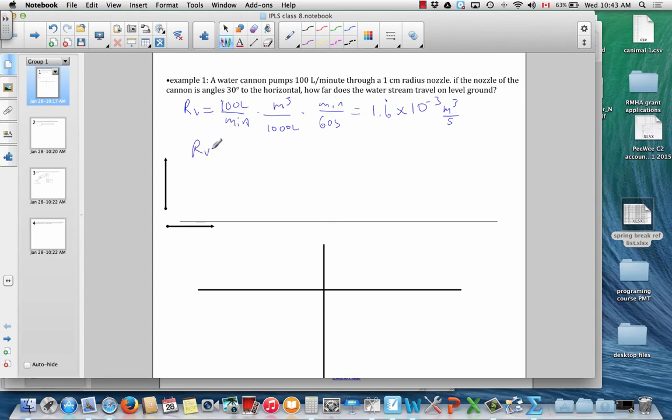So we can use the volume rate of flow relationship to find the speed v. So the area will be pi r squared.